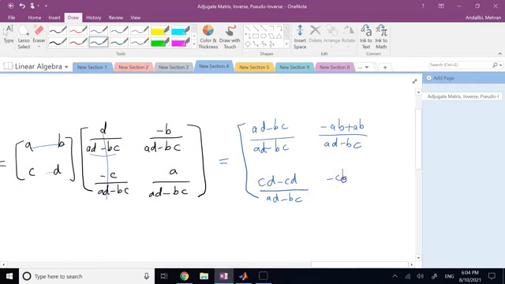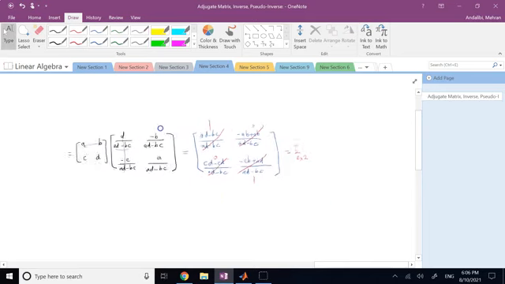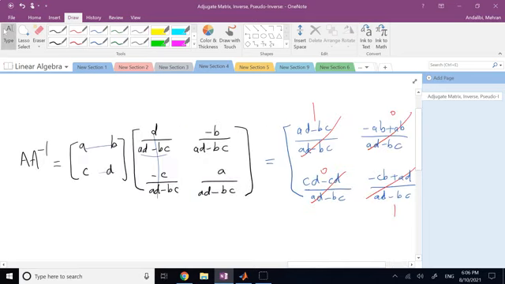Right? And now if you look at it, clearly this is a 0, this is a 0, and this is a 1, and this is a 1. So you will get the 2 by 2 identity matrix. And if you reverse the order, I can again easily show you that the result is going to be the same. So I leave it to you to practice on it.